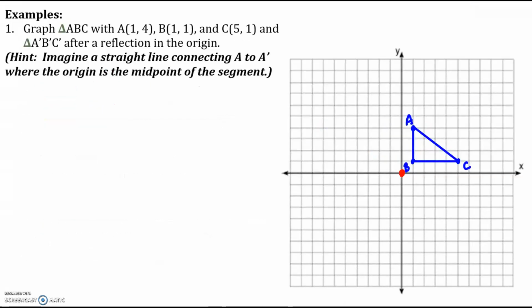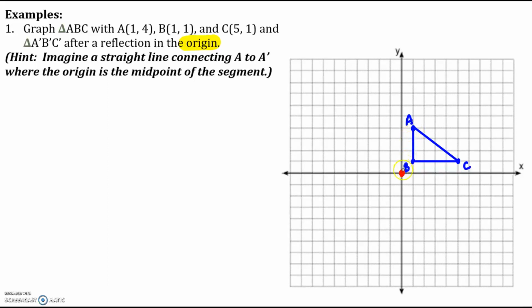If we look at example 1, I have triangle ABC graphed here, and we're going to do a reflection in the origin. The origin is 0, 0, and I have that in red. We look at A and the origin as a portion of a segment, and imagine this segment extends and continues further the same amount so that the origin is the midpoint. We treat this just like we did the midpoint.